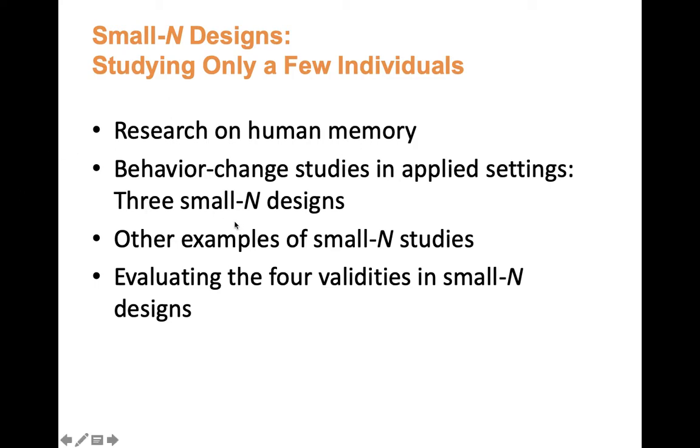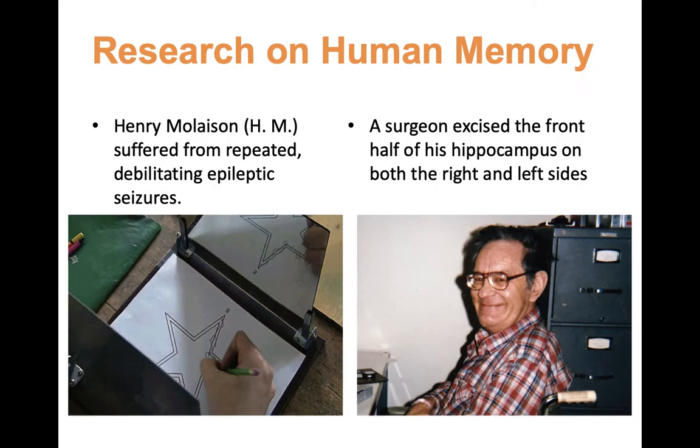I'll review 3 examples of small n designs that are used in behavior change, give some other examples of small n studies, and then ultimately review the 4 validities in small n designs.